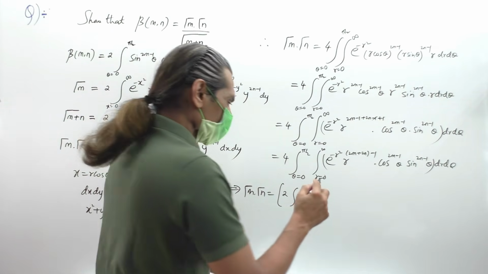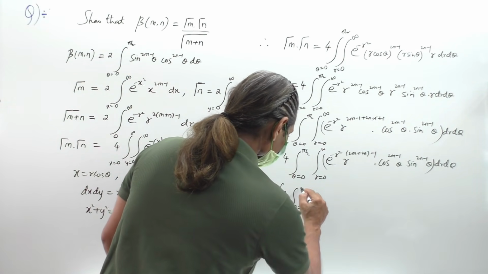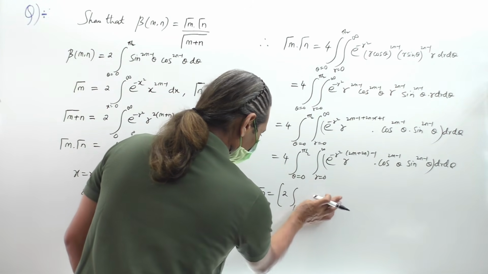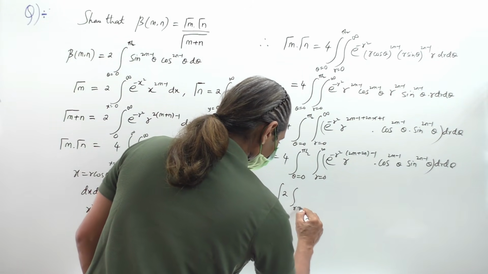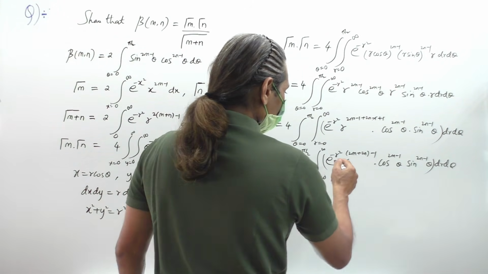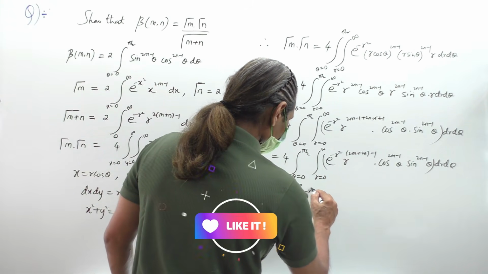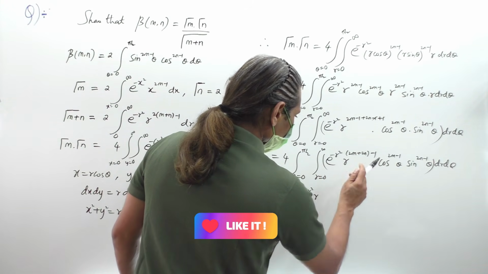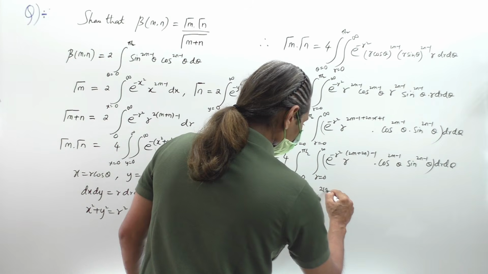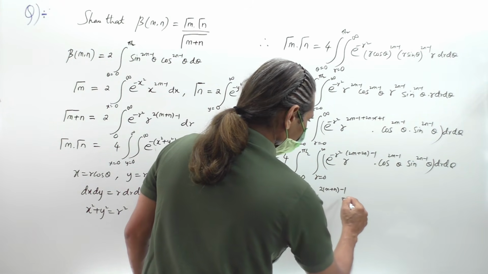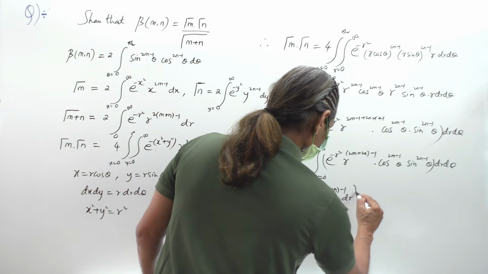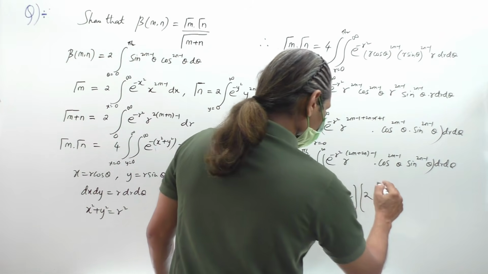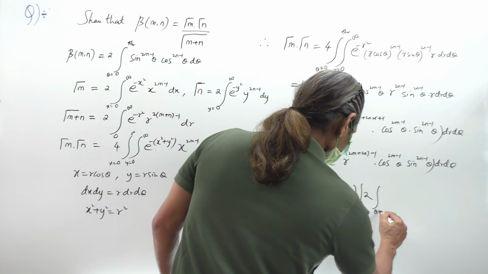first theta then r. Or I'll take r first. How do you take? I'll take r first, okay. R is equal to 0 to infinity. What are the r terms here? E raised to minus r square, r raised to, this will be 2 into m plus n minus 1 into dr into again bracket 2 into theta is equal to 0 to pi by 2.